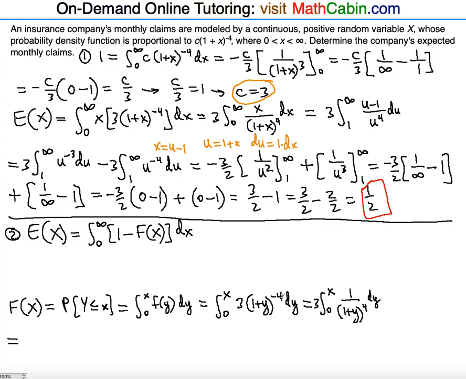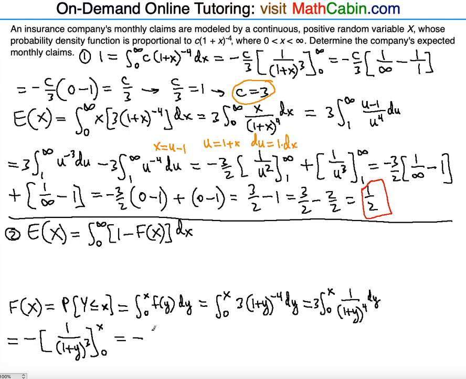The power increases by 1, giving minus 3, and minus 3 over 3 is minus 1, so it's just a minus coefficient. So it's going to be 1 over (1 plus y) to the 3rd power, evaluated from 0 to x.